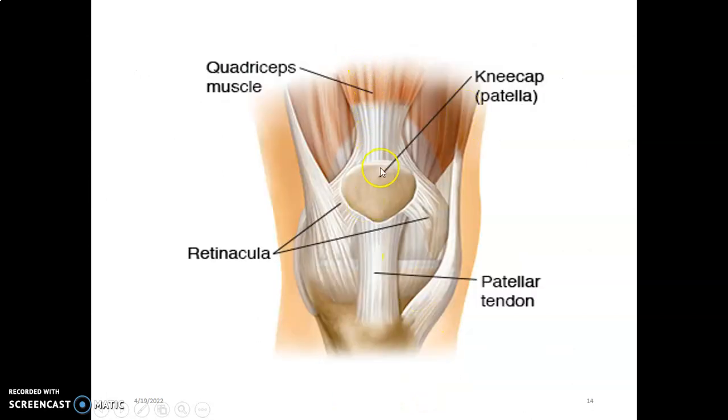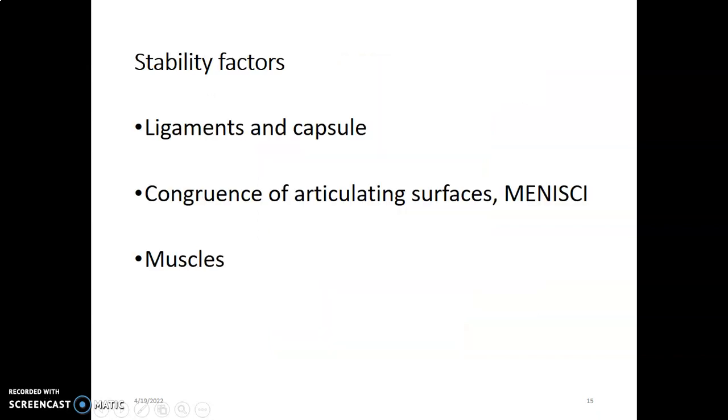Anteriorly, you can see your quadriceps and the sesamoid bone within the tendon of the quadriceps, the patella, with the patellar tendon. Now, these are the retinacula we're discussing, laterally and medially. You have your vastus medialis and lateralis, the fibers turn to face the patella, and you can see these are your retinacula at that portion.